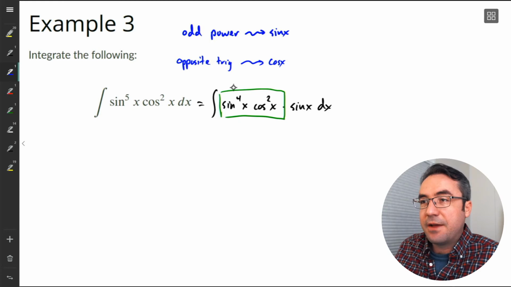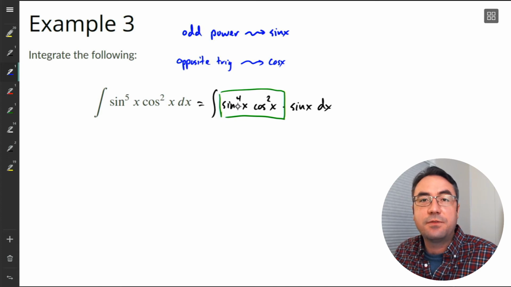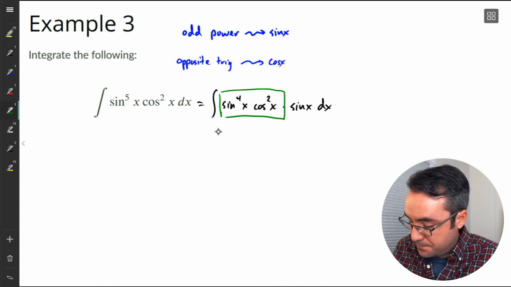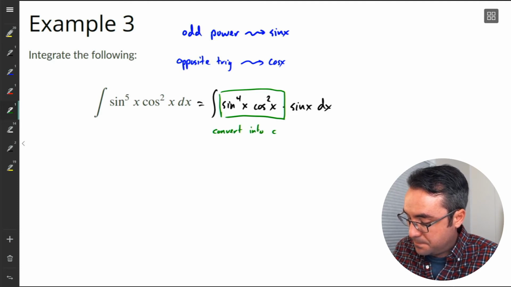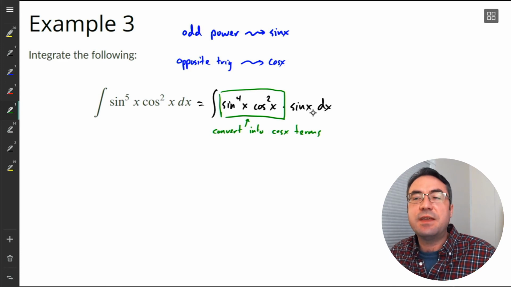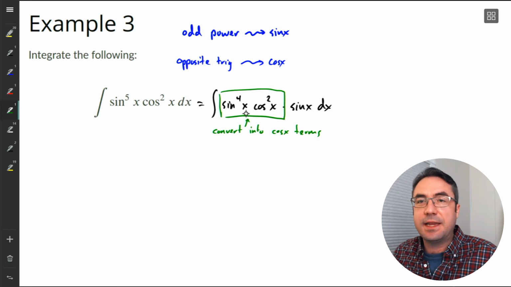So we want to convert everything right here, the sine of x raised to the power 4 and the cosine of x squared, into cosine terms. We're not going to do anything with that sine of x because we're saving it for when we do our substitution rule. But everything else there, we've got to get into cosines.